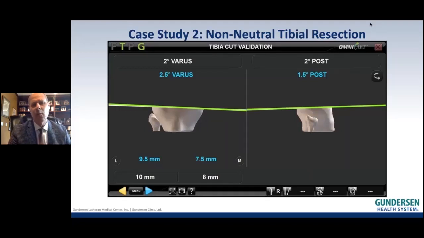But I stress it to see how close to neutral I can get a varus knee, and the same thing with a valgus knee, to see how close I can get without doing any soft tissue work. If I can get the knee within 7 or 8 degrees of varus, then I would not cut the tibia in varus. But let's say I have this 20 degree varus knee, and I can't get it within less than 7 or 8 degrees of varus, then I would cut that tibia in 2 degrees of varus. So that's how I make that decision who I'm going to cut in varus and who I'm not.